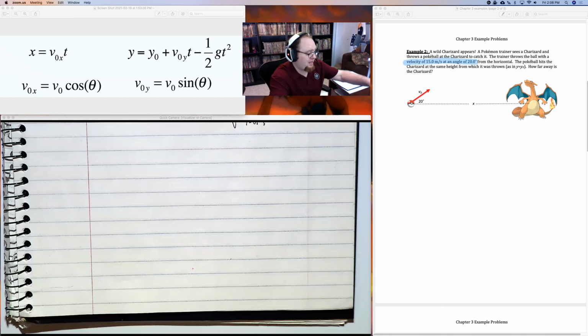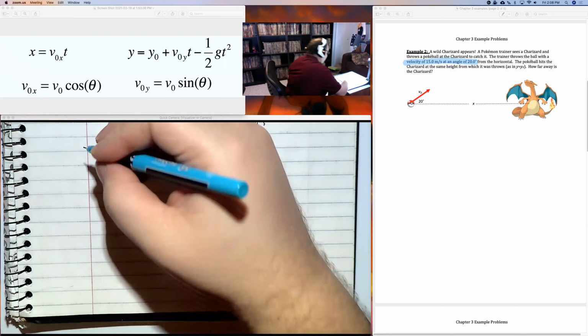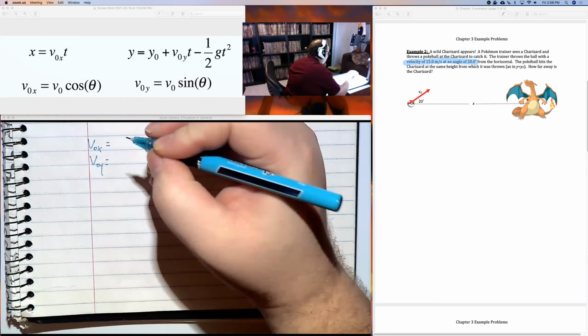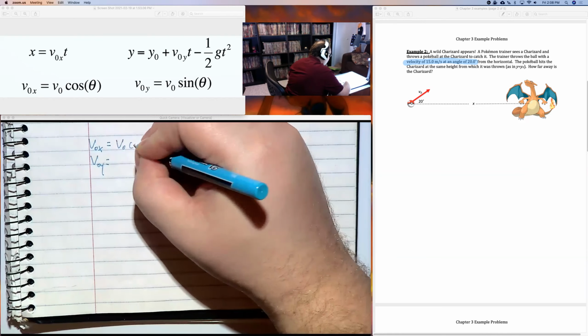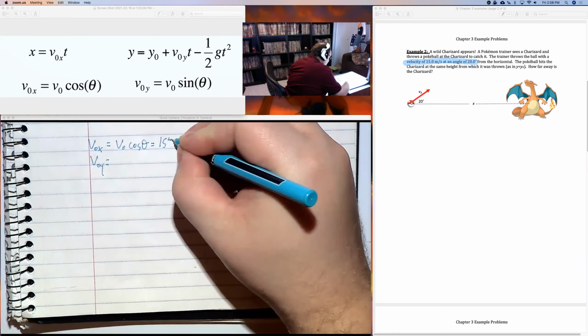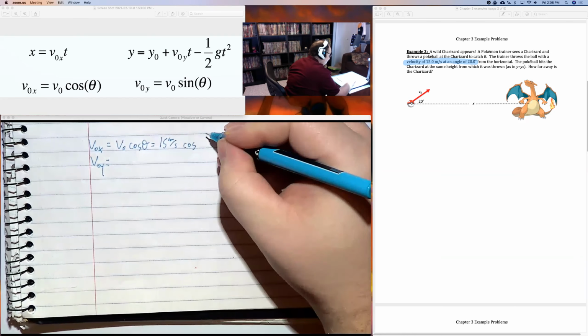Anytime you're given a velocity at some angle, anytime you're given any vector at some angle, get ready to split it into components. For the velocity, I would say, okay, that 15 meters per second, 20 degrees, needs to get split up. That's going to have to turn into my v naught x and my v naught y. Well, v naught x is v naught cosine theta. Or in this case, 15 meters per second cosine of 20 degrees.